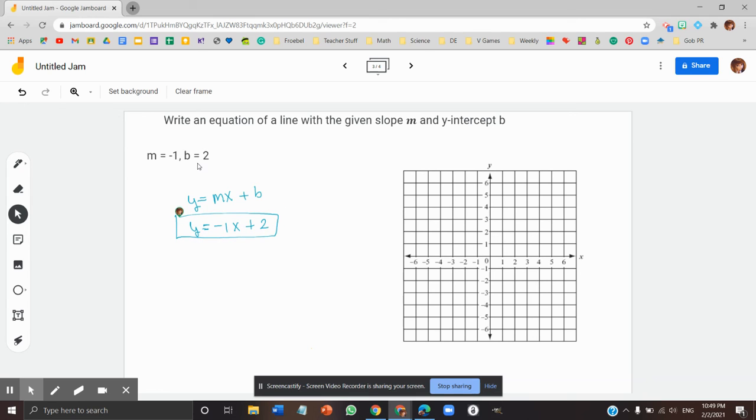Now, if you ever have questions on how to graph it, that is going to be very simple. My intercept is positive 2, therefore it's going to be right there. And my other point: I'm going to have a negative slope.